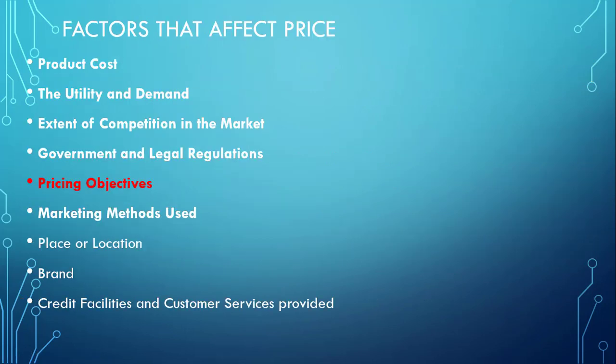So there are different factors that affect your price. When you think of price, you should think about the other factors too. For instance, if the product is higher quality, we are discussing product cost, product quality, and brands too.